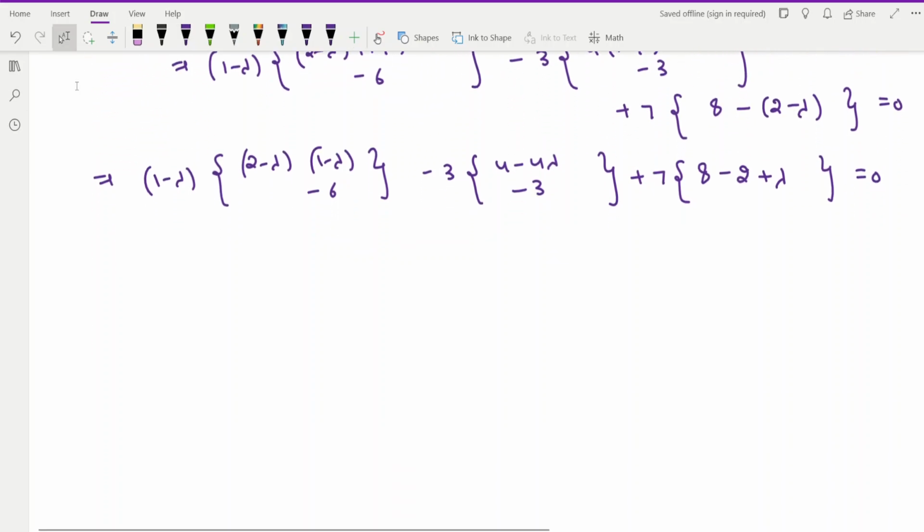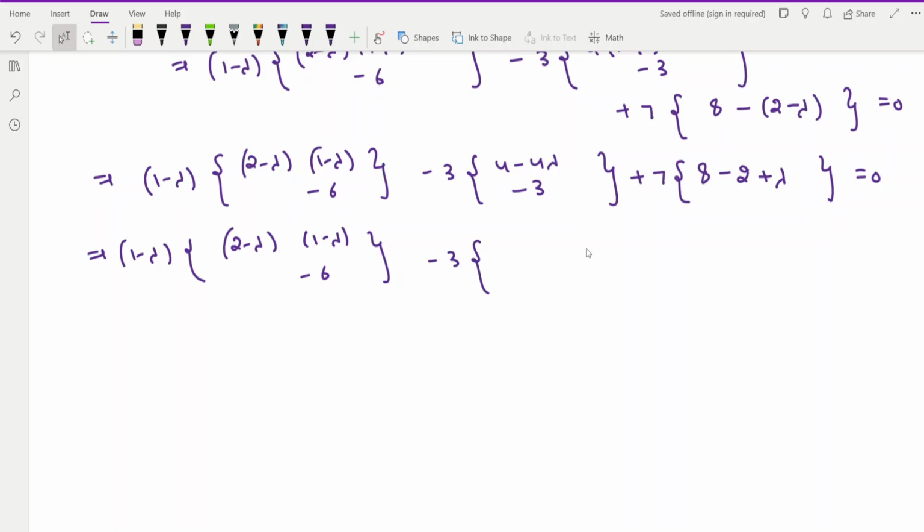Now in the next step we will get (1 minus lambda) times [(2 minus lambda)(1 minus lambda) minus 6], minus 3 times (1 minus 4 lambda), and plus 7 times (6 plus lambda), equal to 0.